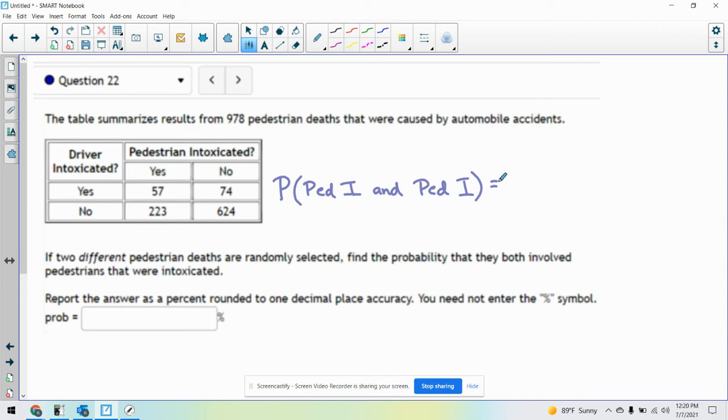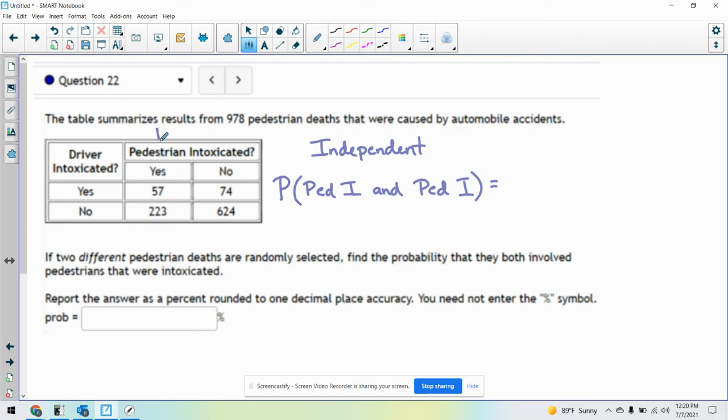Okay. So the likelihood that the first pedestrian is intoxicated has no effect on whether the second pedestrian is intoxicated. So these are independent events. So the probability that the first pedestrian is intoxicated, well, of all of these incidents, how many had pedestrians that were intoxicated?